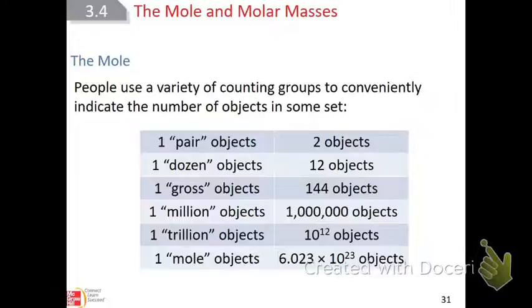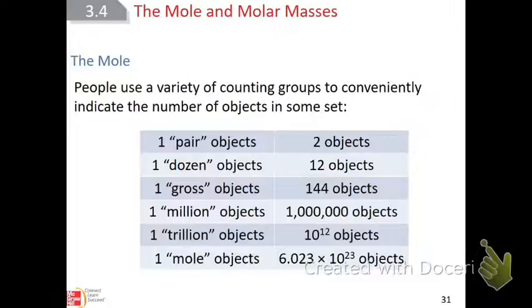They're way too small to even conceive of going and getting a dozen of this, or even a gross of atoms of carbon. Can't do it. Can't see them. So we've got to come up with a number that's significantly larger.